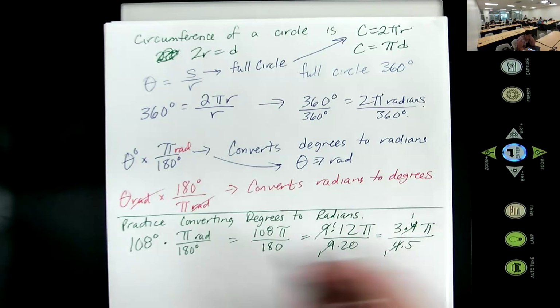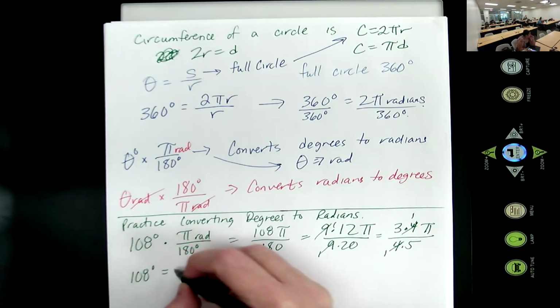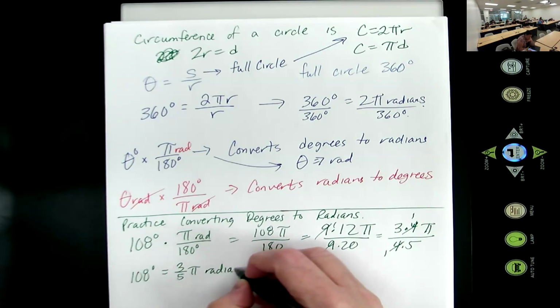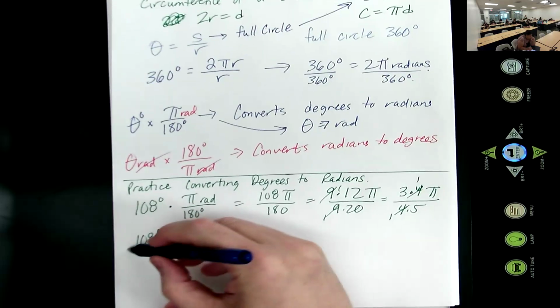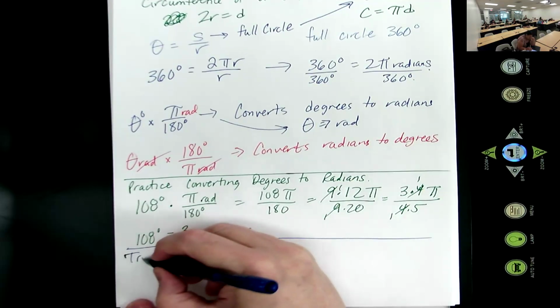And so 108 degrees in radians is 3/5 pi. Give you guys one try. Try negative 135.